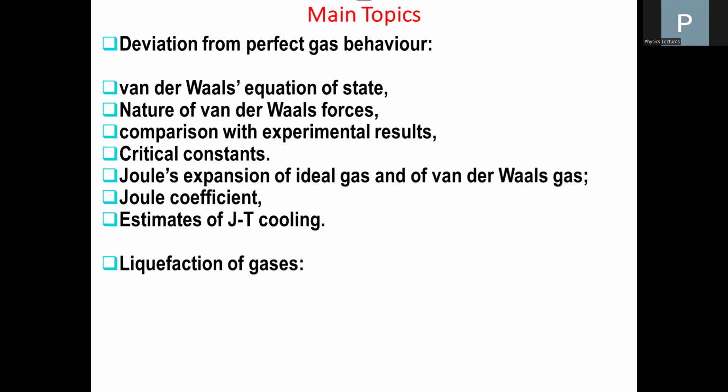They don't obey the gas laws and the ideal gas equation in all the circumstances. To account for this deviation, we will learn about van der Waals equation of state and other equations of state, and we will also compare this theory with the experimental results.